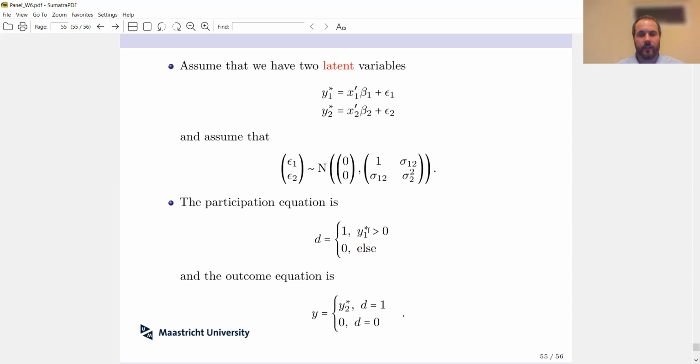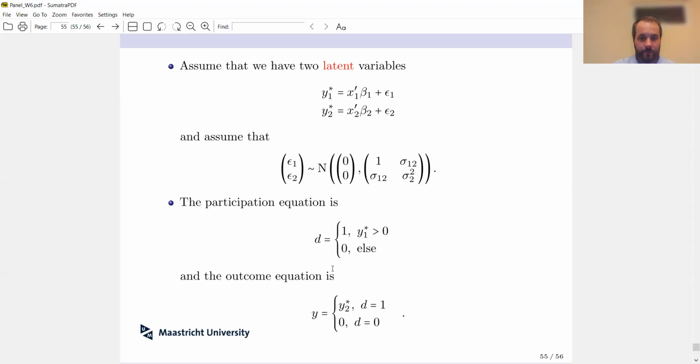That means y_i star is bigger than 0, and otherwise we observe 0. The outcome is simply, what we observe corresponds to the true outcome whenever a person is actually in our sample, and we set it to 0 whenever a person is outside of the sample. So the wage of non-workers would be set to 0 here, for instance.